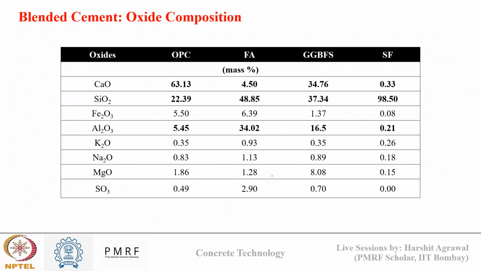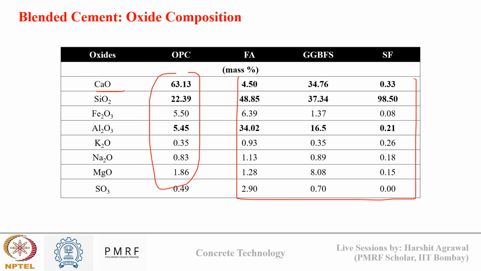This is how the composition looks. Pure OPC has a high percentage of CaO, while these SCMs have higher proportions of silica and alumina. In fly ash and GGBFS you will see higher proportions of silica and alumina, while in silica fume you will see a very high proportion of silica. And due to this high proportion of silica and aluminates, they are able to show supplementary cementitious reaction.